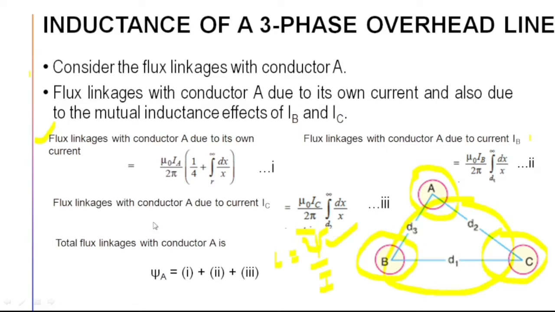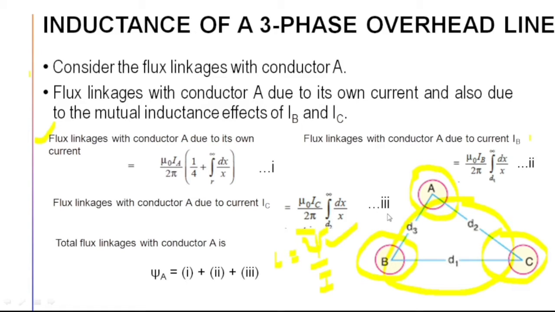And the third one, the flux linkages with conductor A due to the current IC, the current passing through conductor C produces magnetic field lines. Those field lines link with conductor A, and that effect is called the mutual inductance effect. Because of that, the flux linkages are mu naught IC by 2 pi integral d2 to infinity dx by x.